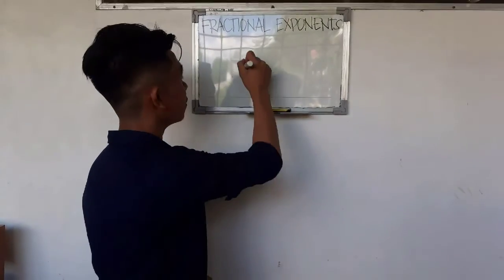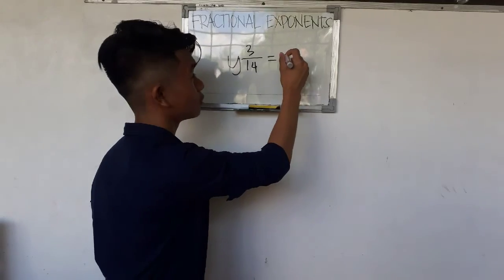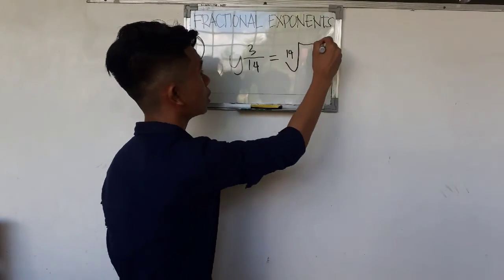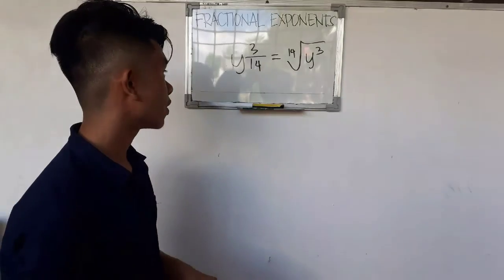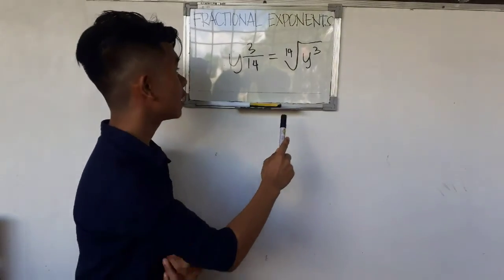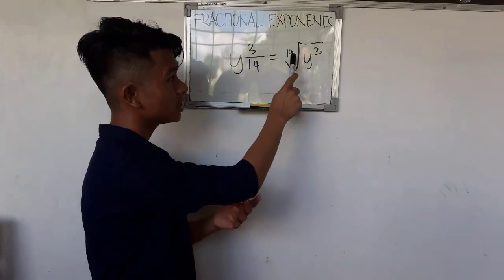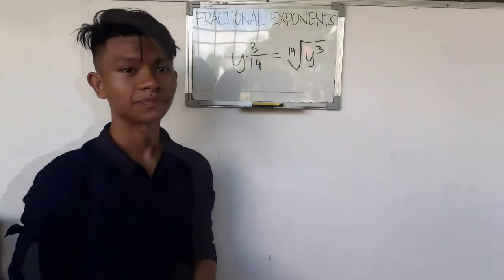For example, y raised to 3 over 14 is equal to the 14th root of y raised to 3. So in this expression, the y is the base of the radical sign, the denominator is the index, and the numerator is the exponent of the base.